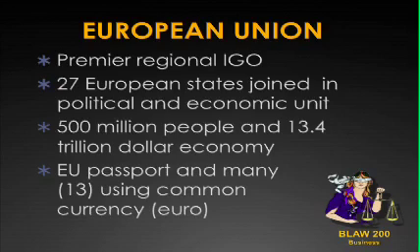You can see it's quite substantial, 500 million people, a $13 trillion economy, and they've come up with a number of things that have broken down the barriers, broken down the borders, so to speak, between the countries. So you've undoubtedly heard of the euro, which is the currency now used by a little more than half of the countries.